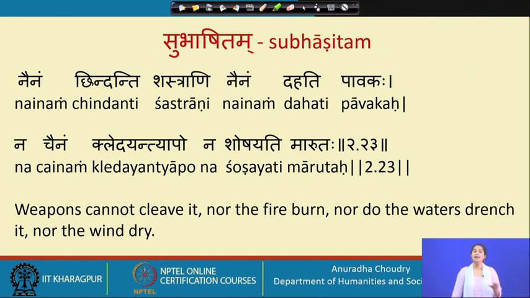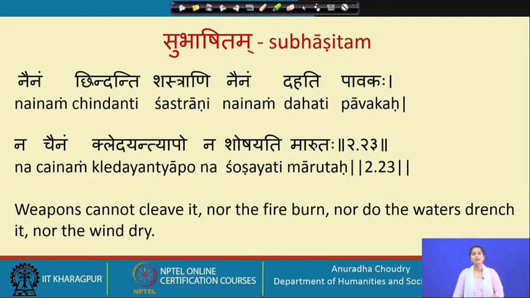He says, Nainam chindanti shastrani. So na enam, to this, weapon, shastrani is weapons, chindanti, they cannot destroy them. Nainam dahati, burn, pavakaha, fire also cannot burn it. Na chainam, na cha enam, together, so not for this.